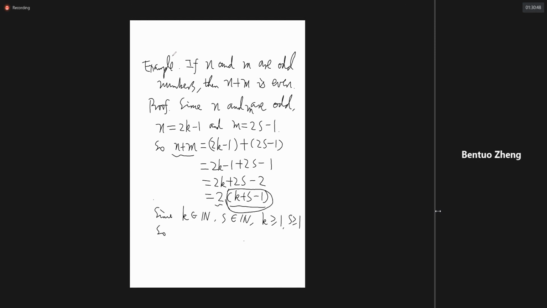So k plus s minus 1 would be greater than or equal to 1 plus 1 minus 1, which is equal to 1. All right? So at this stage, you can claim.